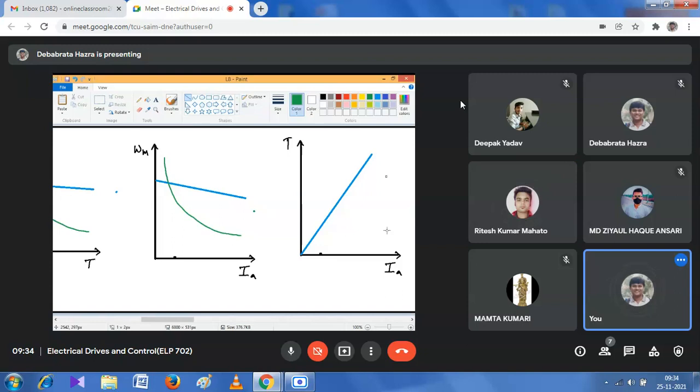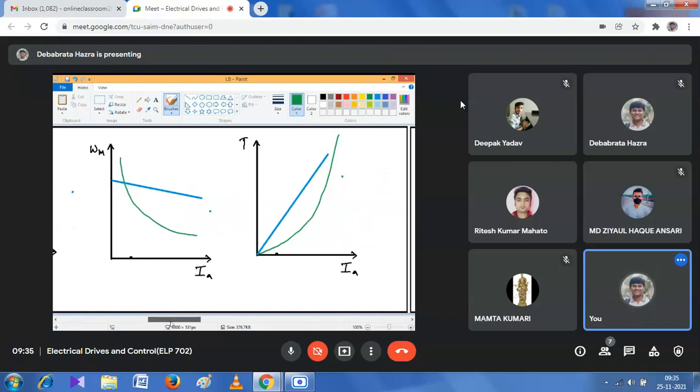That means square nature. That means it is like that curve. Yes, sir. Okay.